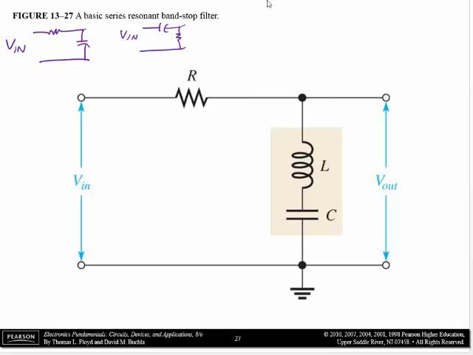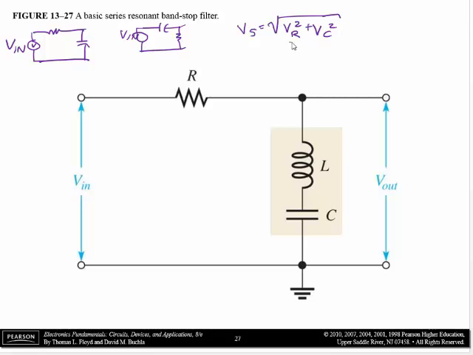But the interesting thing is, even though the circuit's the same and the AC signal V in is still the same, this voltage plus this voltage, this relationship is maintained for the circuit.